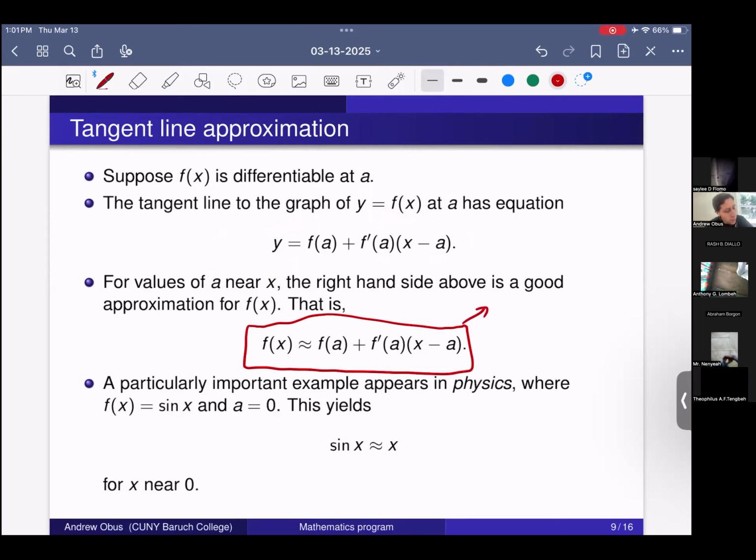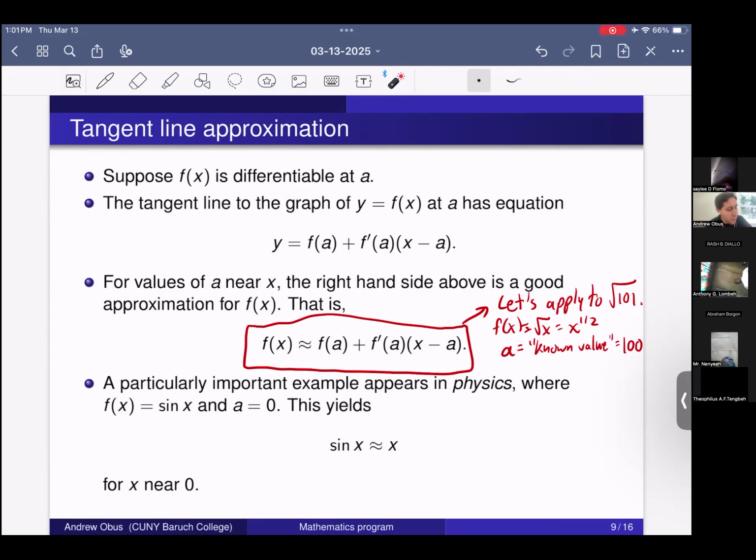Okay, so what I want to do is let's apply this to finding the square root of 101. So in this case, f of x is equal to the square root of x, or x to the 1/2. A is our guess, or the kind of known value. So in this case, a is going to be 100.